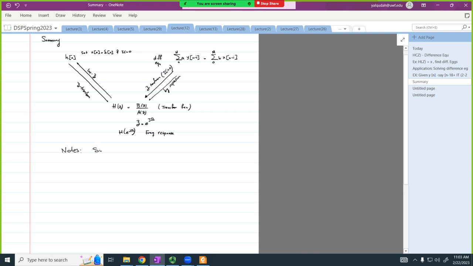So the system is stable if and only if h of n is stable, and that is the same as saying the region of convergence of h of z contains the unit circle.